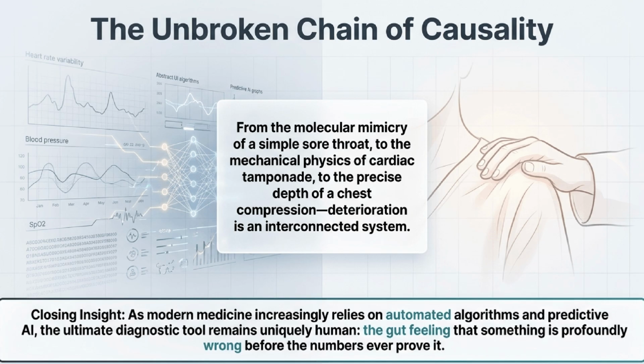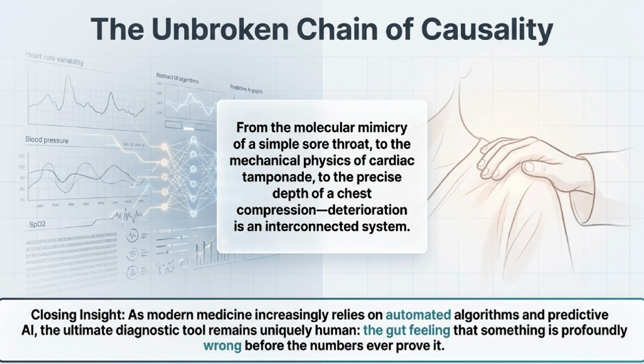Knowing why an infant's head must stay neutral to protect their soft airway, why you cannot shock a flatline, and how a simple sore throat can ultimately destroy a heart valve, it all comes down to seeing the interconnected system. It definitely requires looking past isolated symptoms to understand the biological mechanisms driving them.